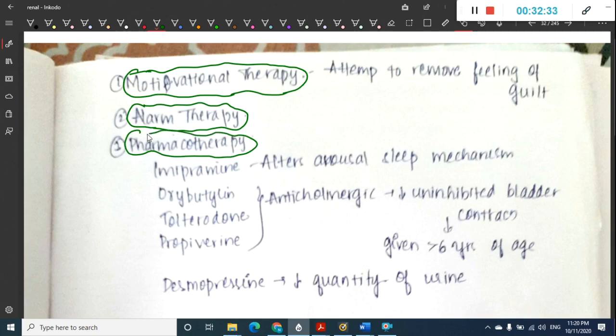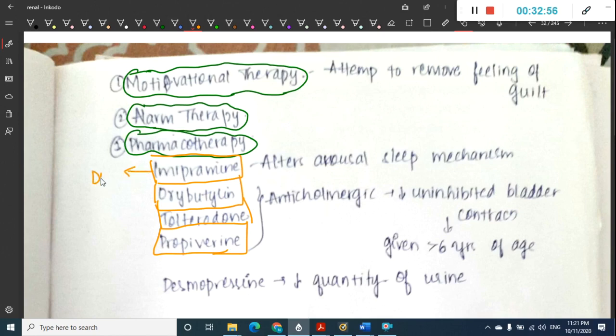The important drugs which should be used in pharmacotherapy include imipramine, oxybutynin, tolterodine, and propiverine.